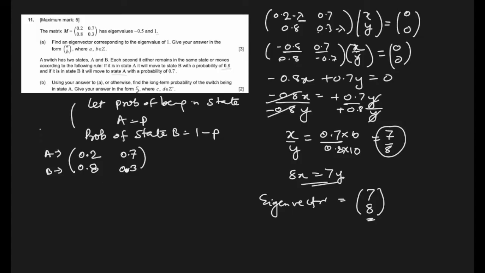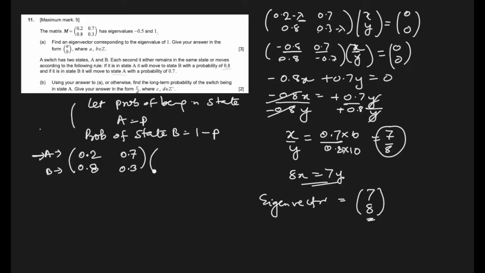This is the matrix that will show that transformation. And is it matching? Yeah, it's matching with matrix M. Can you see here? All right. So what is the question? Using your answer to A, or otherwise, find the long-term probability of the switch being in state A.